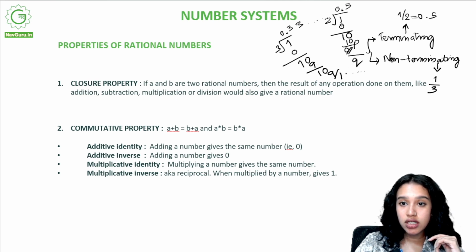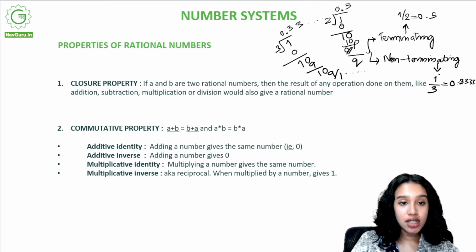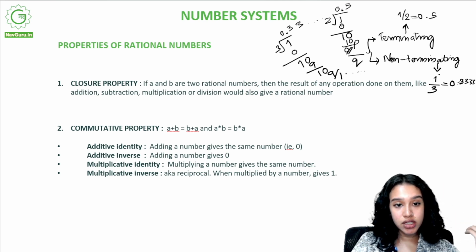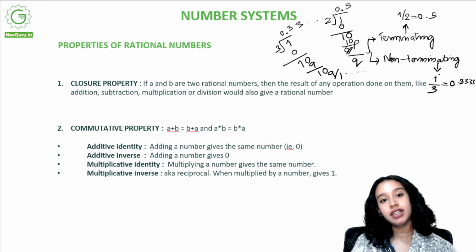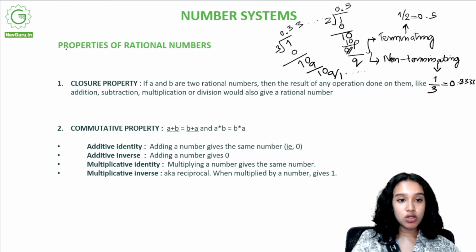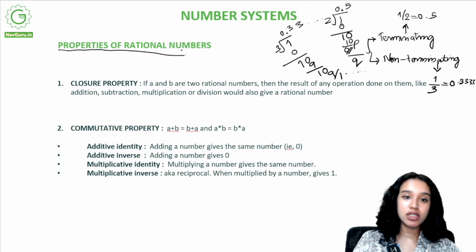It's not ending, it just goes on like 0.33333 and it just goes on. These are called non-terminating numbers. So leaving terminating and non-terminating numbers aside, let's go on to the properties of rational numbers.